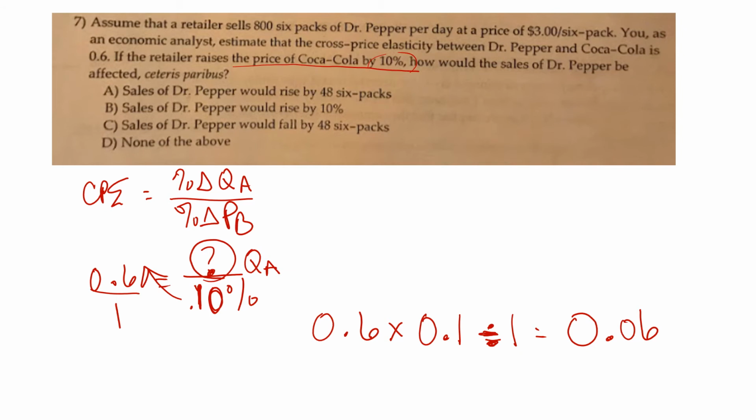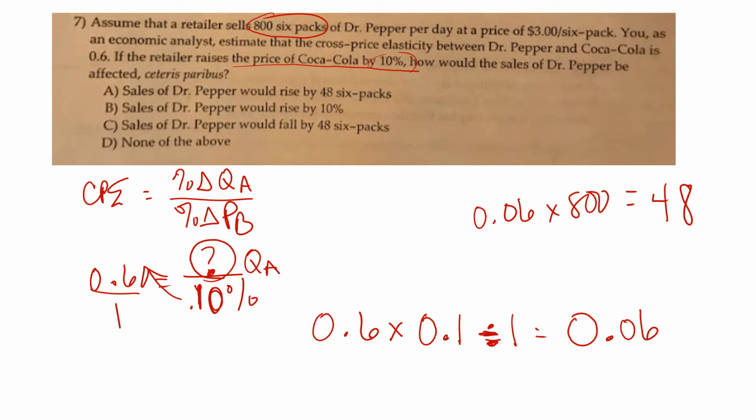So we have to figure out what a 6% change of 800 is. So 0.06 times 800 equals 48. All right, so is this going to rise or is this going to fall?